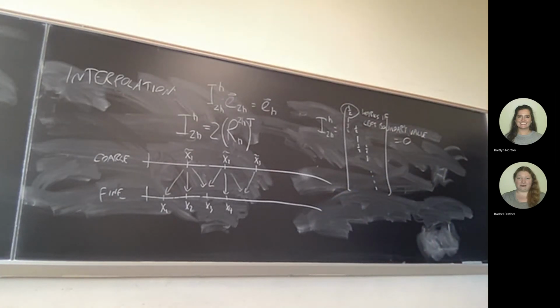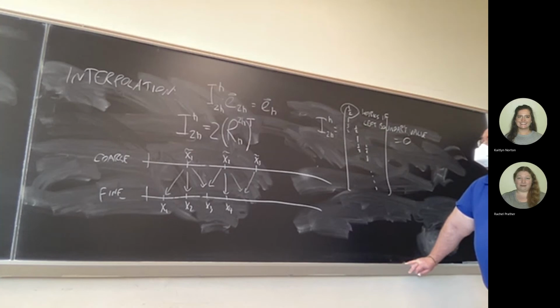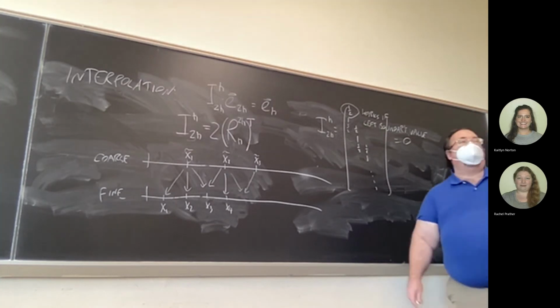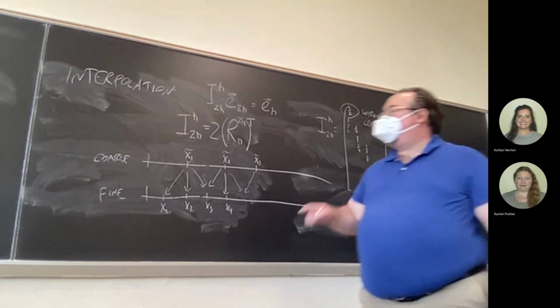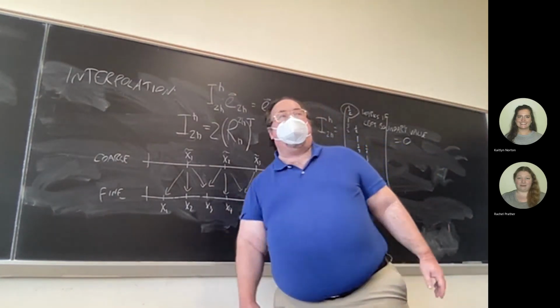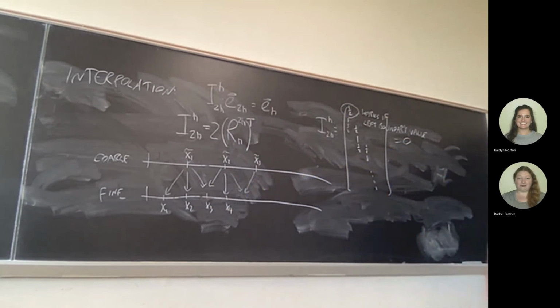All right. So all you got to do is form these matrices, and then interpolation and restriction are a snap. It's nothing more than matrix vector multiplication. So weighted averaging for restriction, and linear interpolation for this stage.